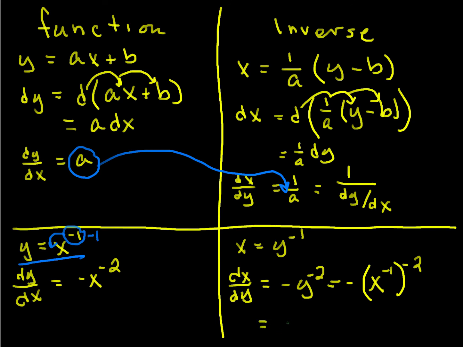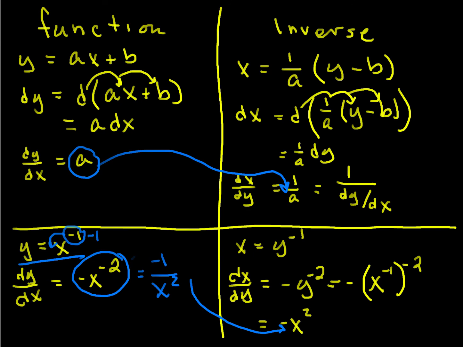And this is equal to negative x squared. Now we can see much more clearly that we've got this reciprocal relationship. This was x to the negative 2, which is negative 1 over x squared. And if I take its reciprocal, I get exactly this value.